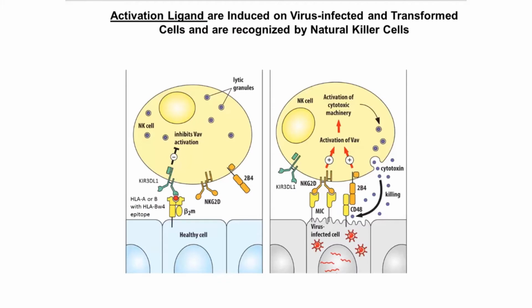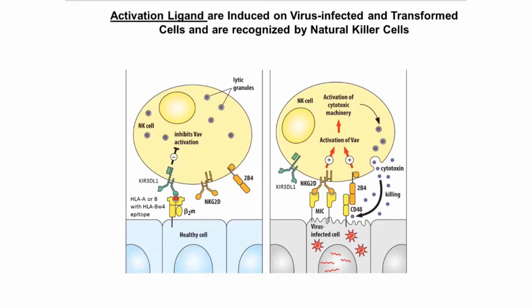Well, that's illustrated here. This is a little bit more detailed picture than what you have in your notes, but what you have in your notes is quite sufficient. Here's the story. NK cells have two different types of receptors, an activating receptor and an inhibitory receptor.